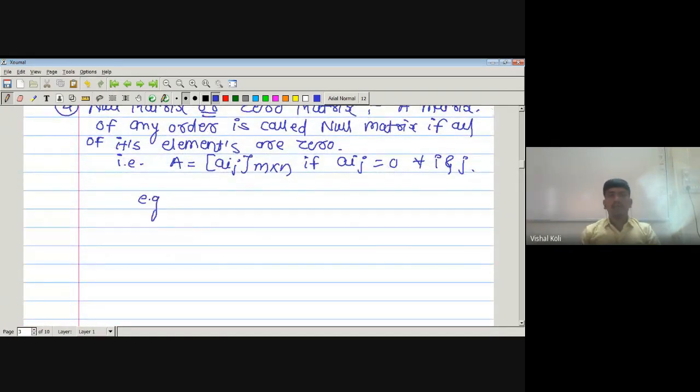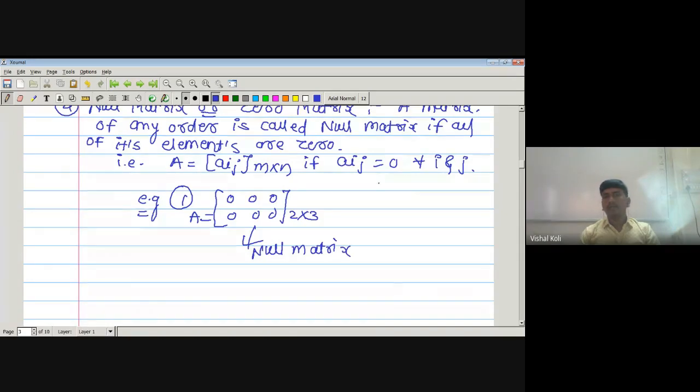For example, if A is a matrix which contains these elements, it is a matrix of order 2 by 3. Since it has 2 rows and 3 columns, A will be a matrix of order 2 by 3 and all of its entries are 0, then this will be a null matrix.